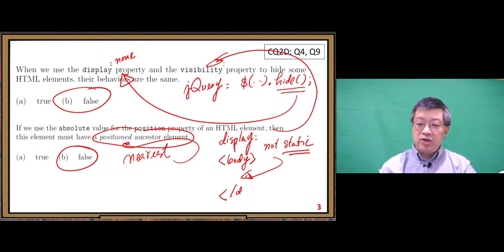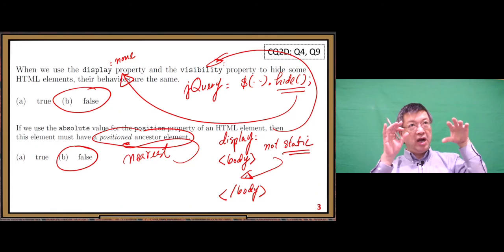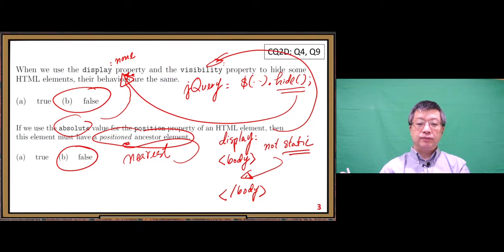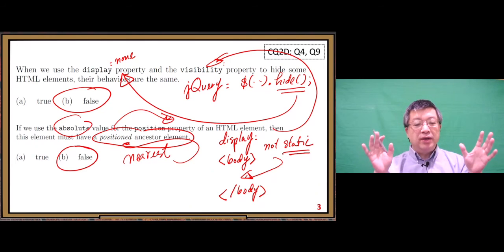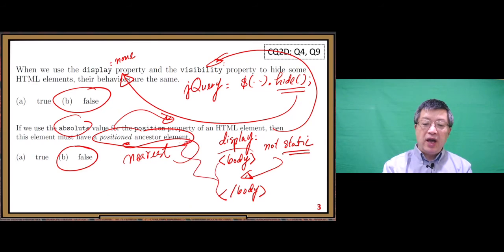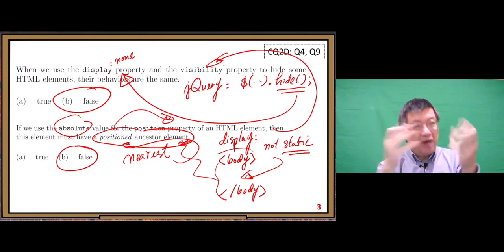So if you cannot find any positioned ancestor element for your current element that uses the absolute value for the position property, sorry, I got confused, the position property, then the body element is used as the reference element.